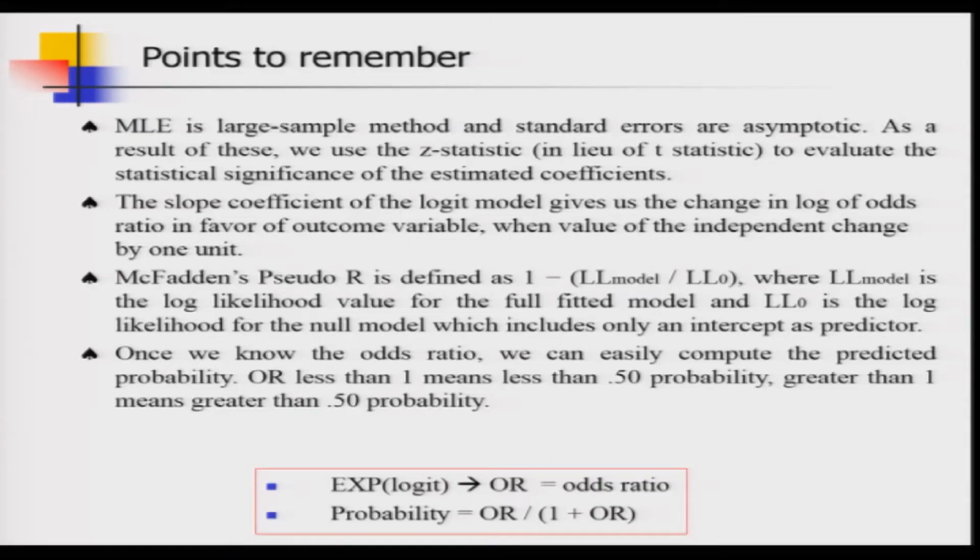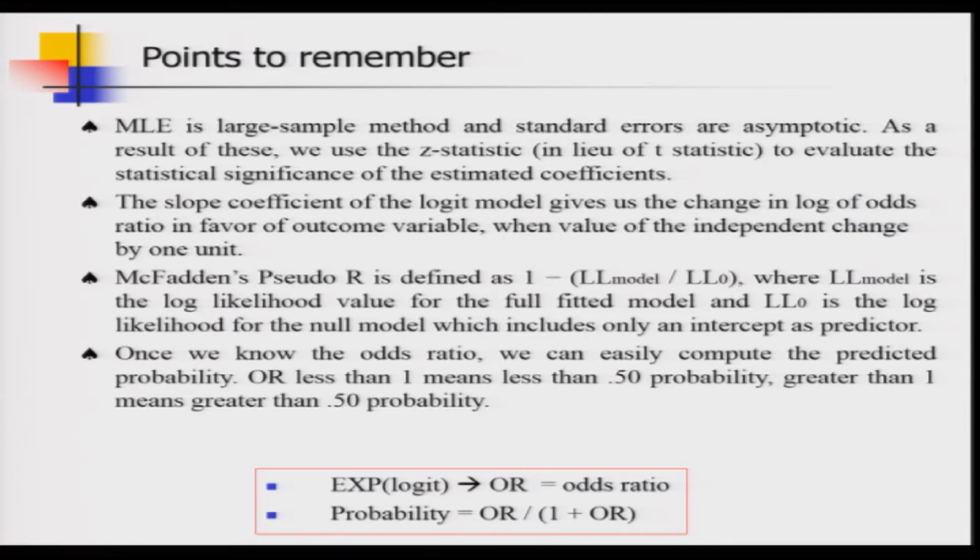There are many pseudo measures available for R square, and here in this lecture I am going to talk about only one of them, and that is proposed by a Nobel laureate econometrician Daniel McFadden. So, there is a typo here. There has to be a square term. Please make a note of that. So, McFadden's pseudo R square is defined as 1 minus a ratio, and the ratio is basically of two log likelihood numbers.